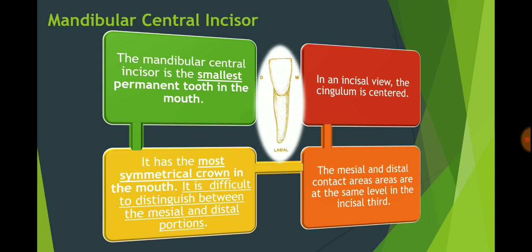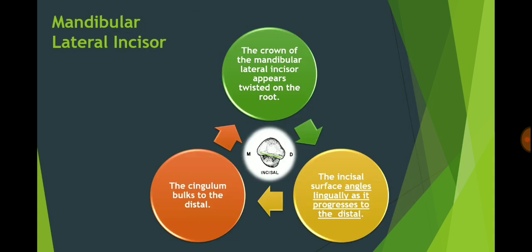The root apex deviates to the distal. So you're going to know this is the distal side, and you can determine whether it's left or right. A lot of questions on this.